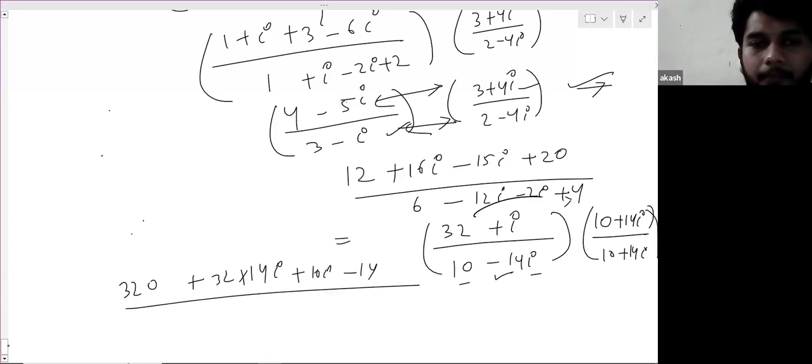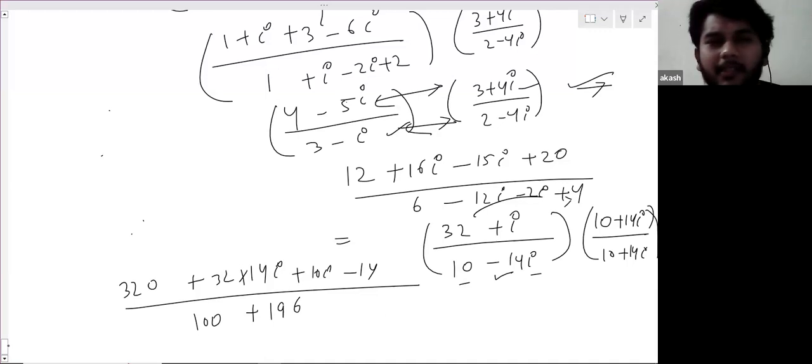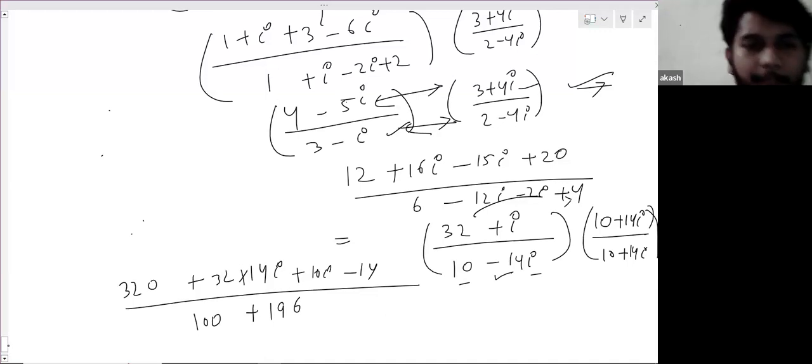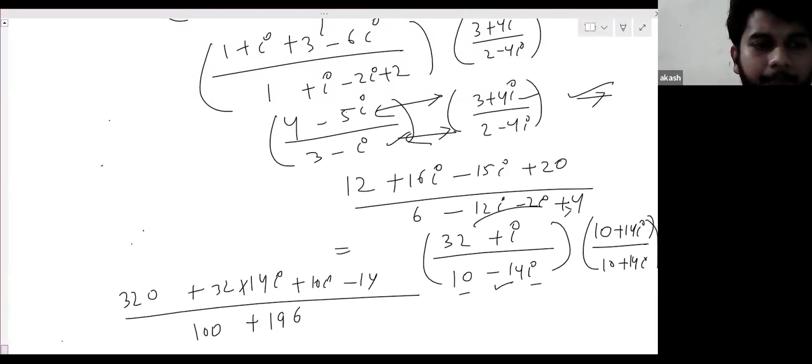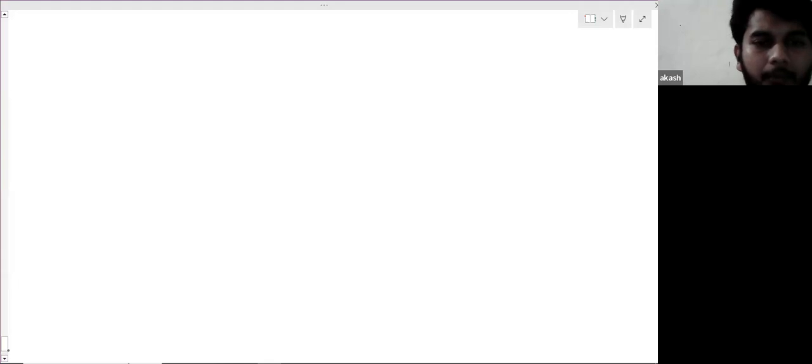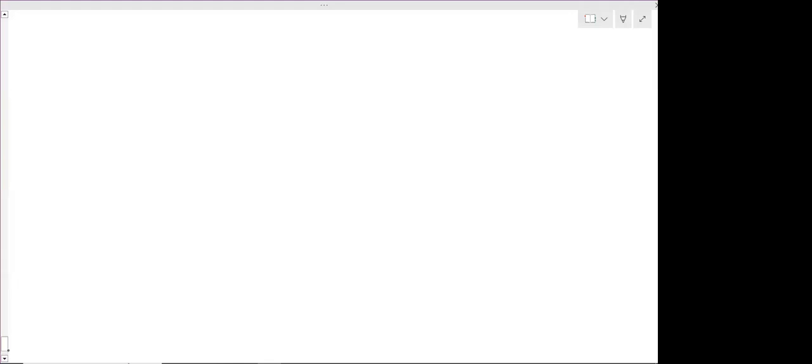And in here, this is 100 plus 196. You can simplify this and get the answer. So multiplication and division is clear. One more question for you, then we can move on.